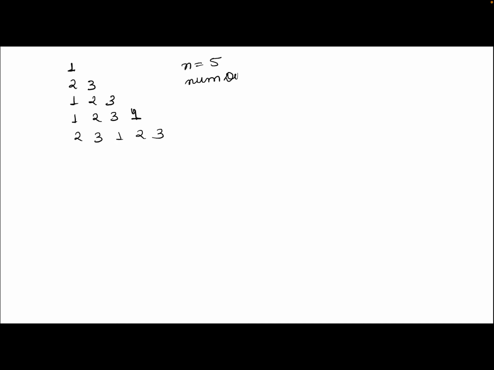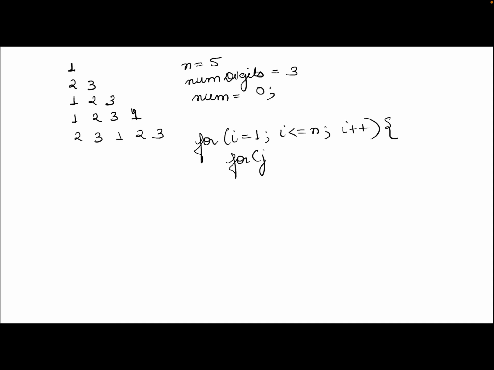Num digits is 3 and I have initialized the variable num by 0. So this for loop is okay: i is 1, i less than or equal to n, i plus plus. For j is 1, j less than or equal to i, j plus plus.